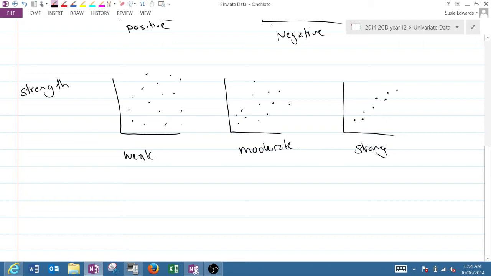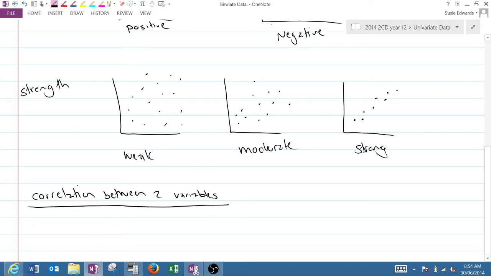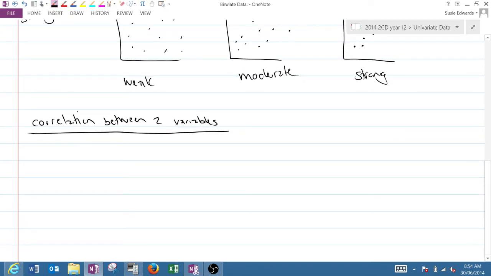In terms of linear relationships, this is called the correlation between two variables. The correlation has something called a correlation coefficient, and it's labelled with an R.